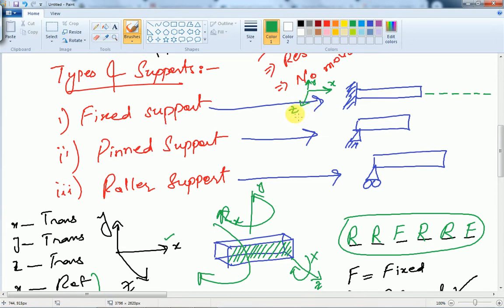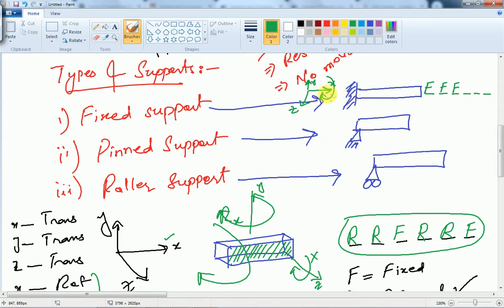It cannot move along any axis x, y, z. So we can write it is fixed for the x-axis, fixed for the y-axis, and fixed for the z-axis. Can this body rotate about the x-axis? No, it is totally fixed.